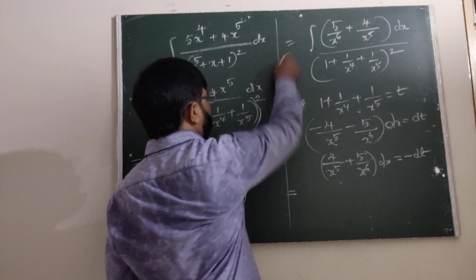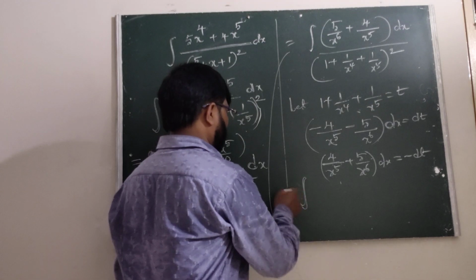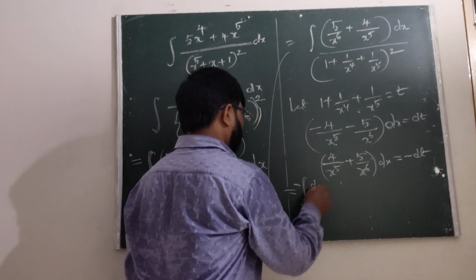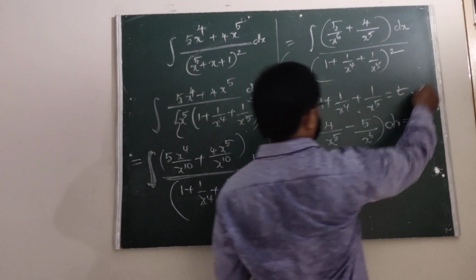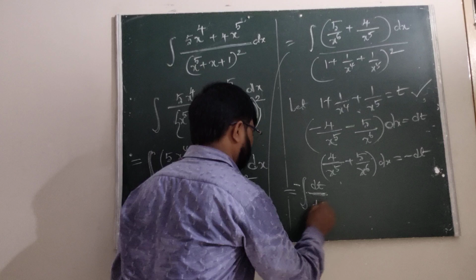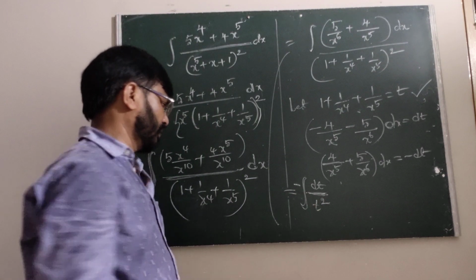Now, the given integral completely we can write as the integral of minus dt by t square, as we taken t.